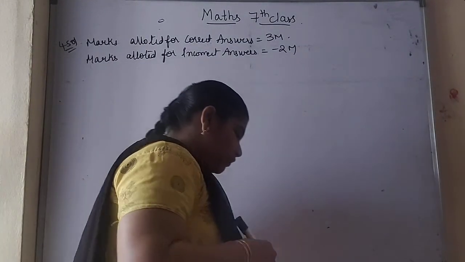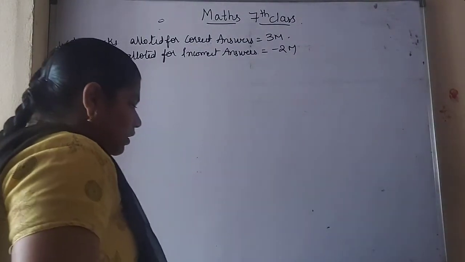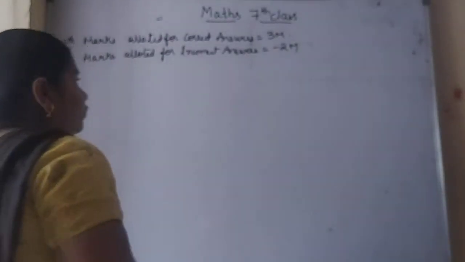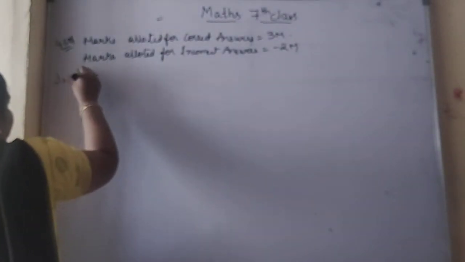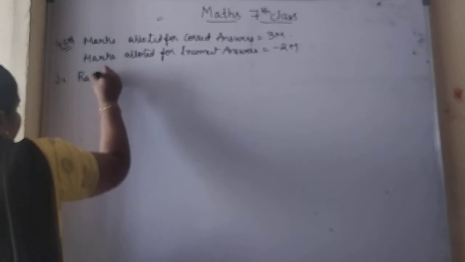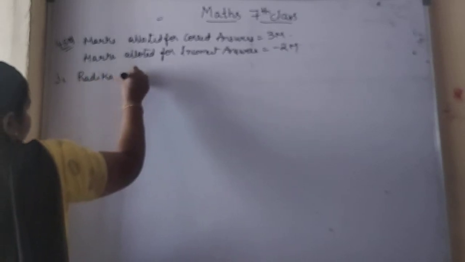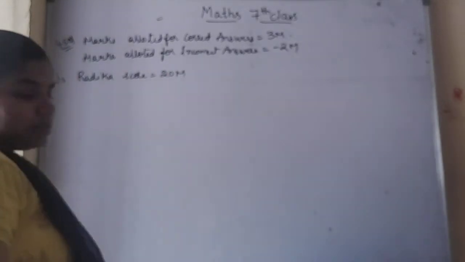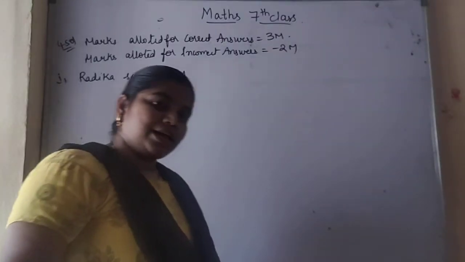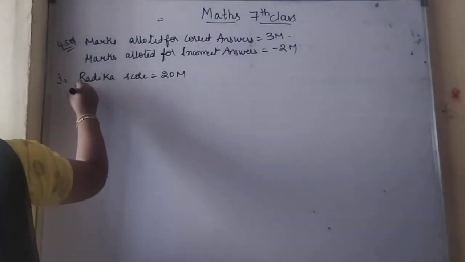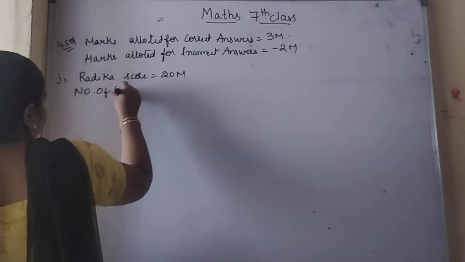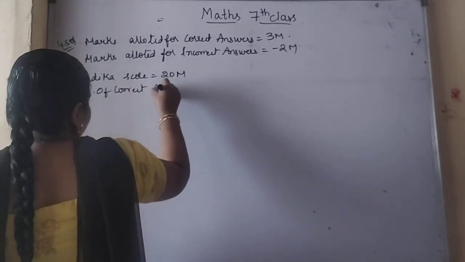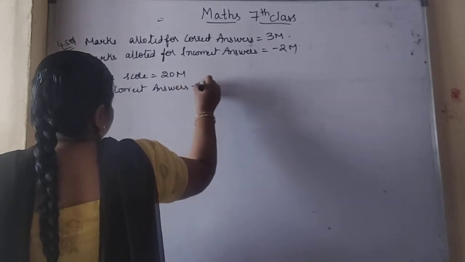So now what is that? First one, Radhika has scored 20 marks. So what is the total score of Radhika? Score is 20 marks. And how many correct answers she wrote, that is 12. So number of correct answers is equal to 12.